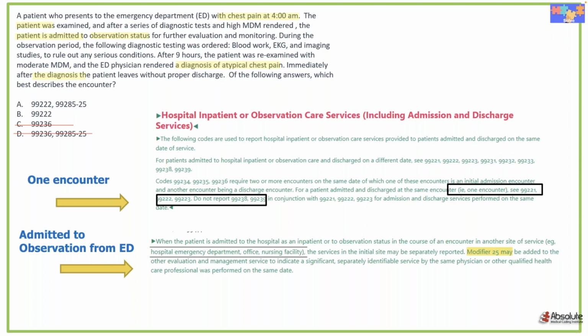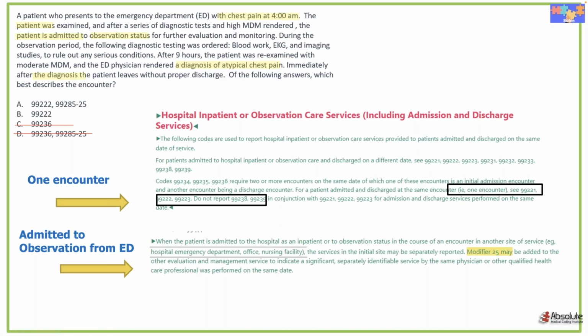Now, some of you were saying with the previous scenario, well, why can't we code that admission? Because that previous encounter is not just an admission, it's an admission and a discharge. So the guideline says when the patient is admitted, it doesn't say admitted and discharged.